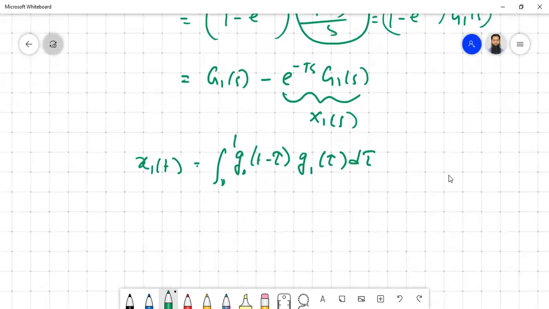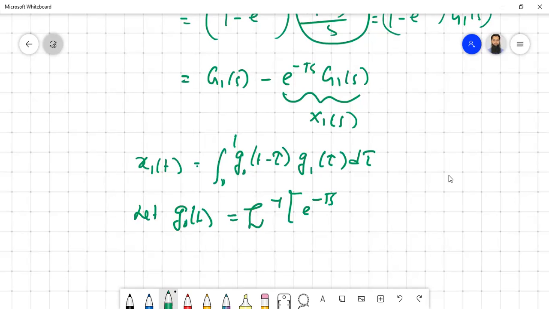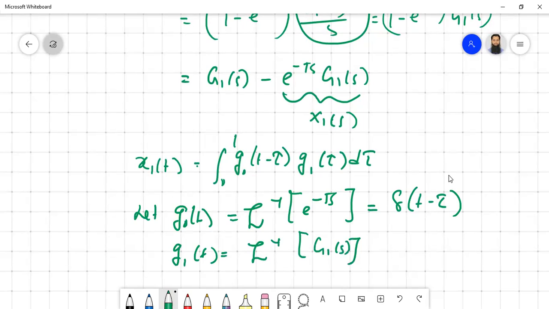Okay, so we can say that G0(t) is simply the inverse Laplace transformation of e to the power minus Ts, which, we know, is just a delay with an impulse. So basically delta(t minus T), and G1(t) is nothing but the inverse Laplace transformation of G1(s).